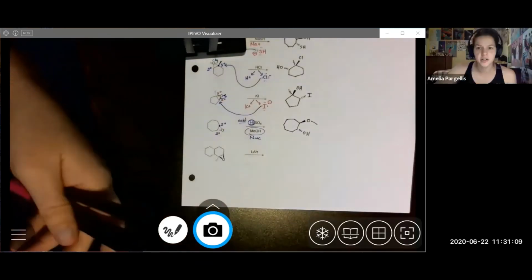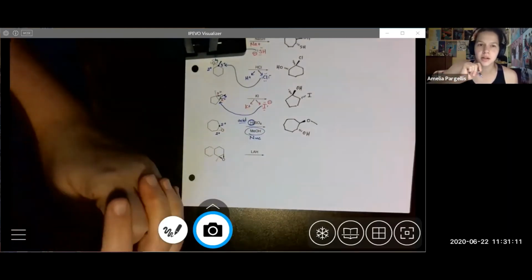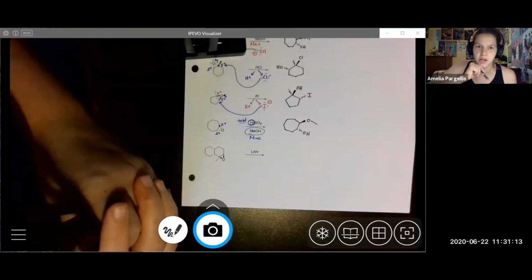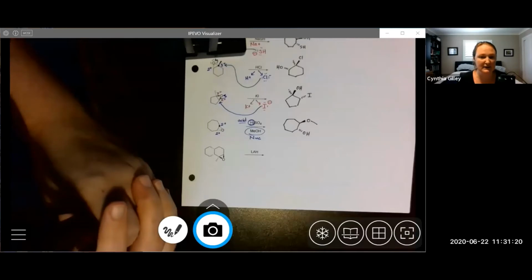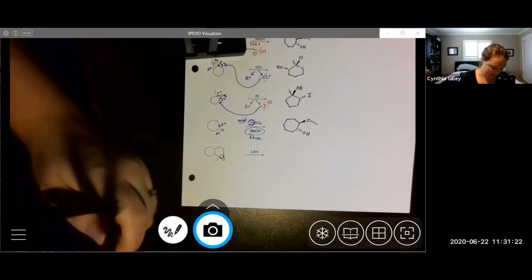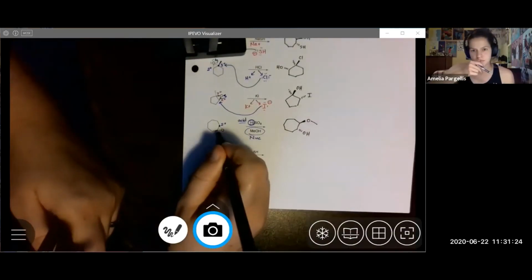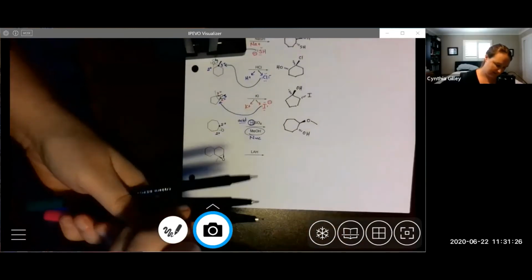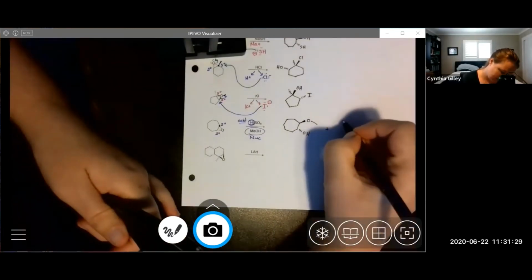For that one, would there be an enantiomer as well, because it could attack on either carbon? Yes, technically it could have attacked here, and then you would get the methoxy there and OH there. Let's draw the other one.